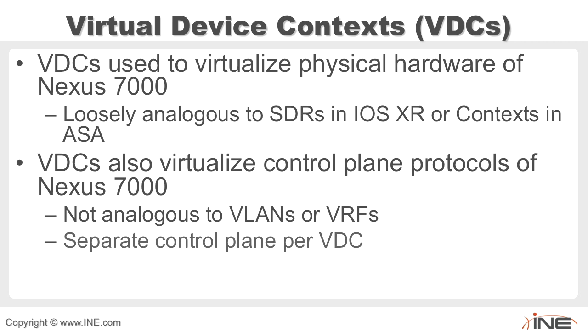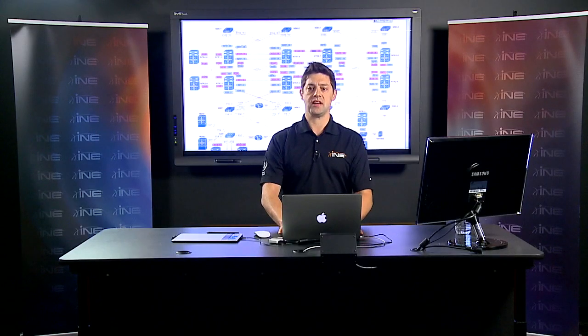Now, we're not actually virtualizing the operating system. So this is not similar to running virtual guest machines on a hypervisor type platform like VMware. This is not multiple instances of the Linux server that is controlling the entire 7000 switch.